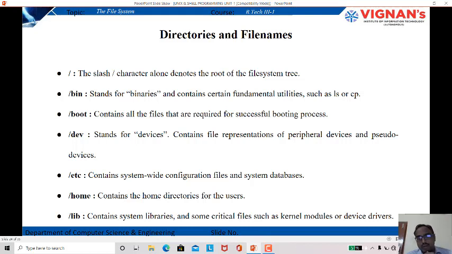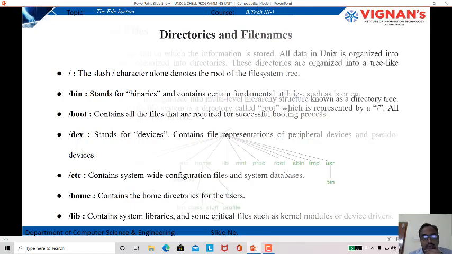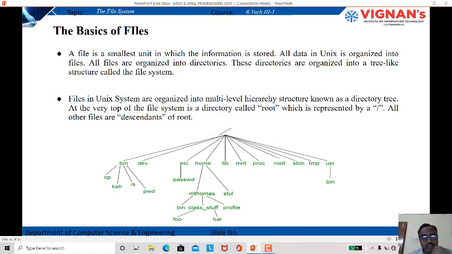Coming back to the previous slide, see here, bin has cp, ksh, ls, and pwd, present working directory.